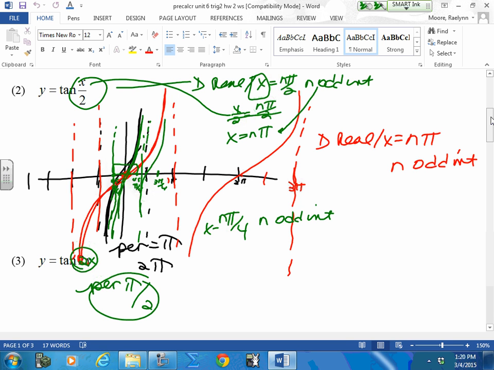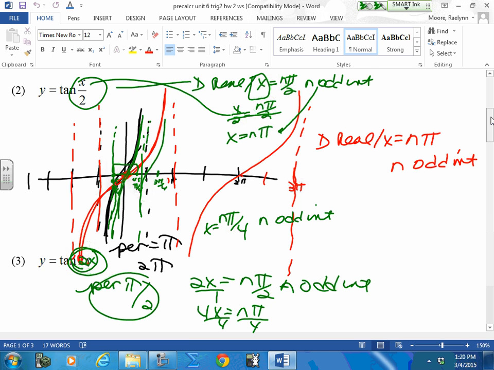My domain. Now, I don't have to do that. I could take this. We already know what our domain is. Set 2x equal to this. Cross multiply. Stay with me. And divide by 4.